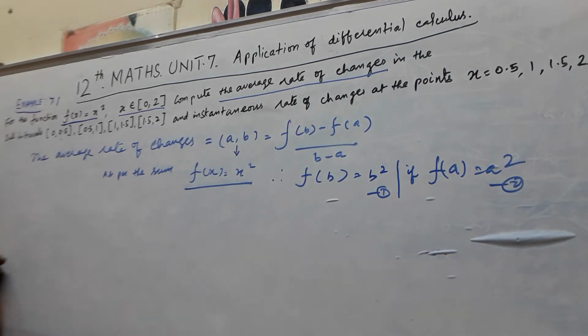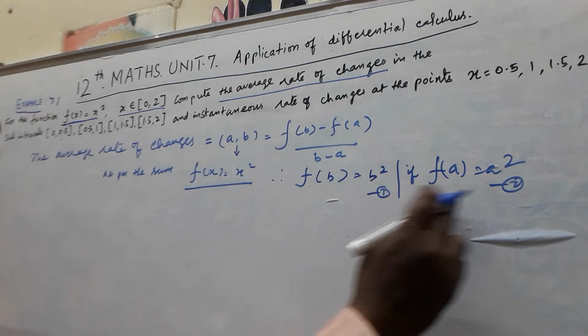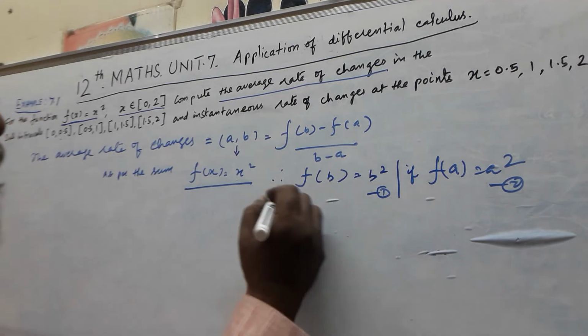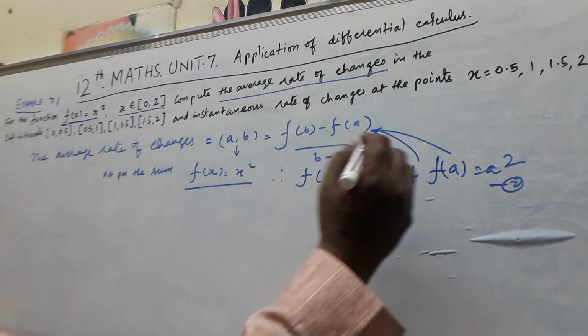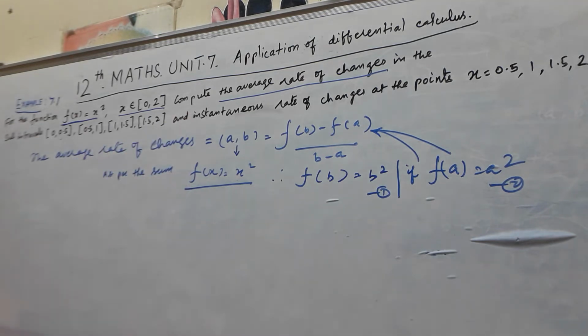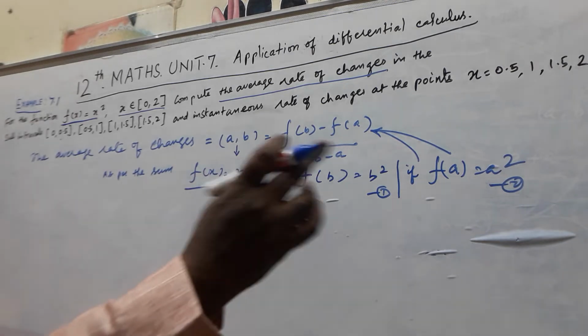Okay. From obtaining these two values, you have to substitute these two values in the rate of change formula to find it in the interval a comma b.